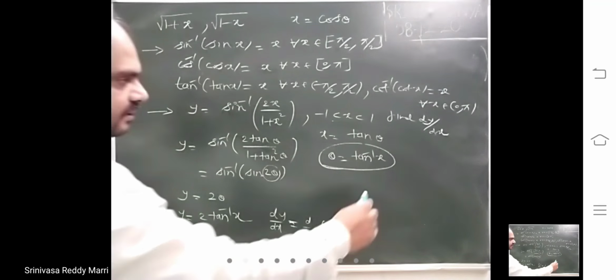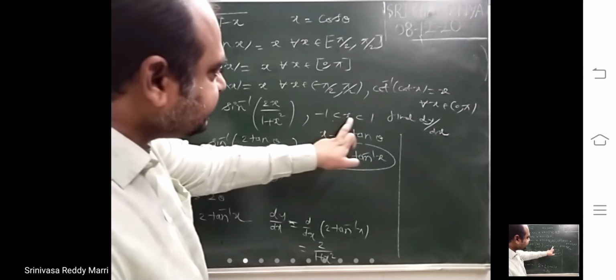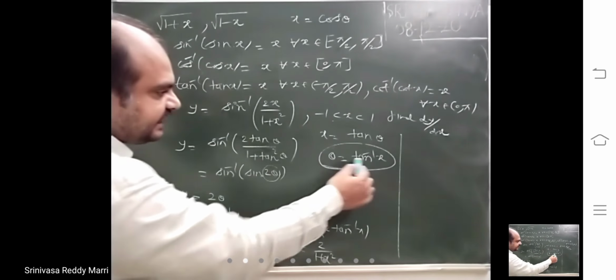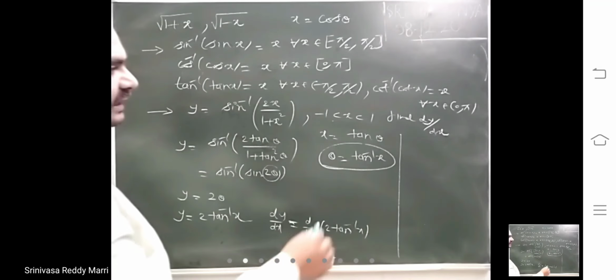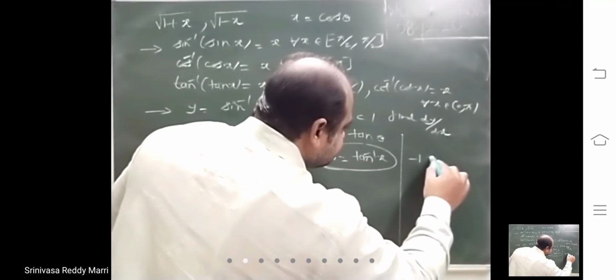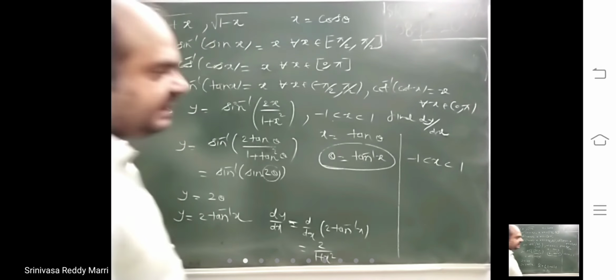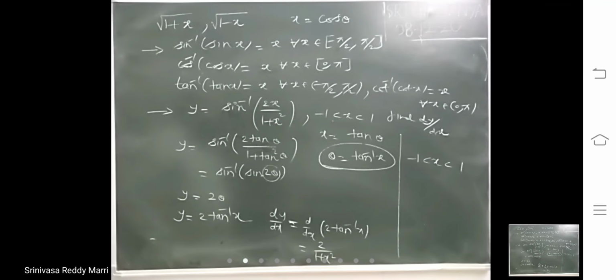The x interval is given as minus 1 to 1, and where theta lies you have to calculate. Theta is tan inverse x, so by using the x interval we will calculate the theta interval.